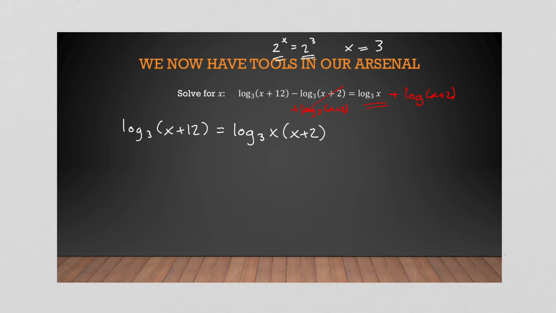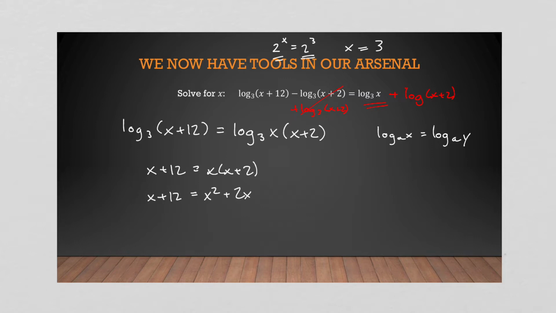Same with logs, right? If you have logs of the same base and they have two different objects, then we just compare the objects. They have to be equal as well. It's the same principle. So we get x + 12 has to be equal to x times (x + 2). So that's x + 12 equals x squared plus 2x.